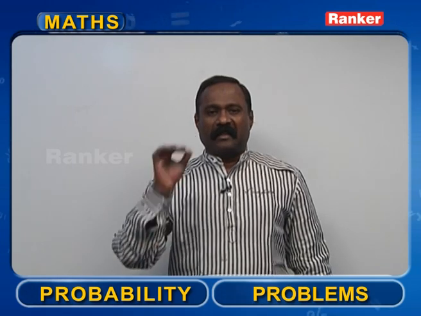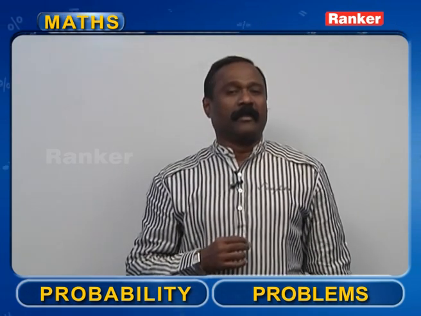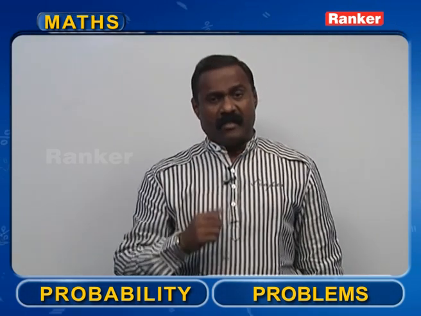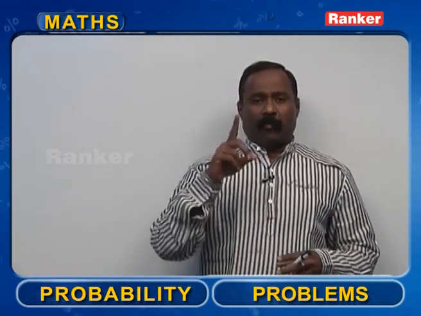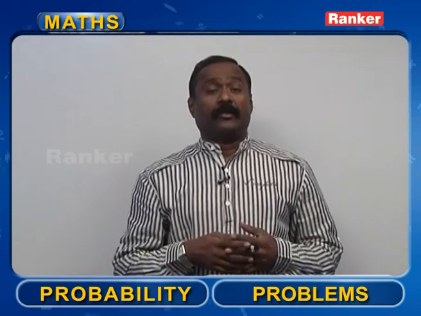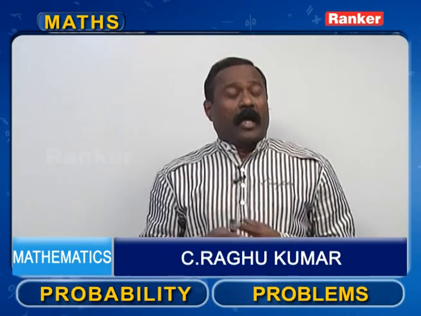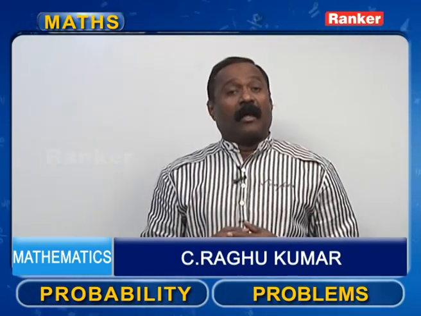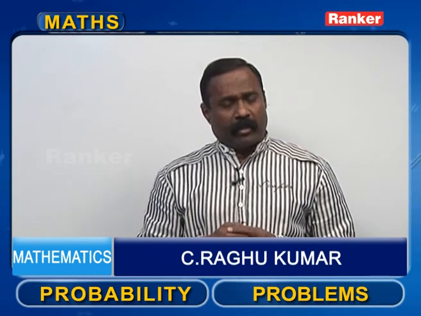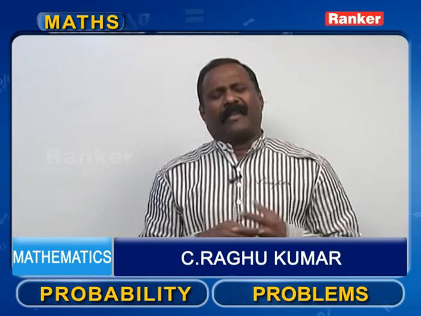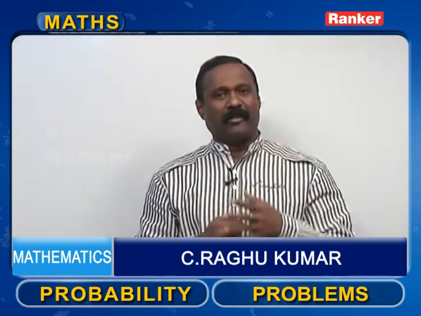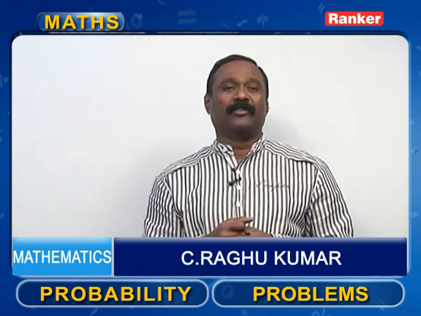We're discussing the theoretical distributions of probability. We have seen the random variable, how the probability of 1 can be distributed to the different elements of the sample space, and after that we have seen the binomial distribution also. I have briefly explained how the Poisson distribution works, because it will be useful for your board examination.